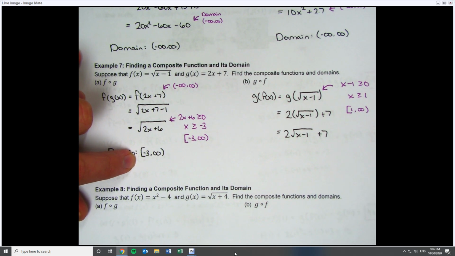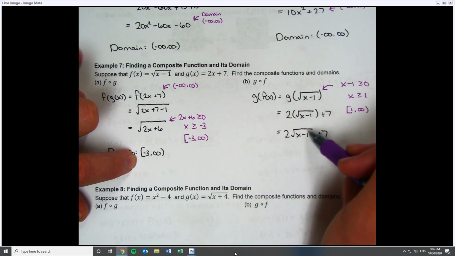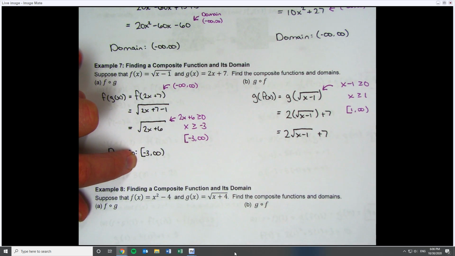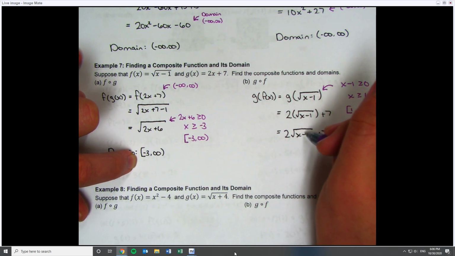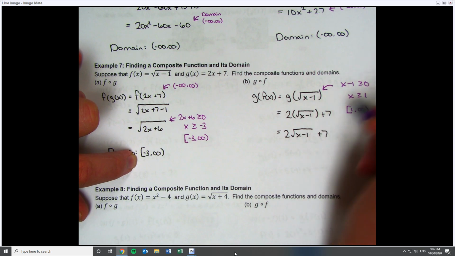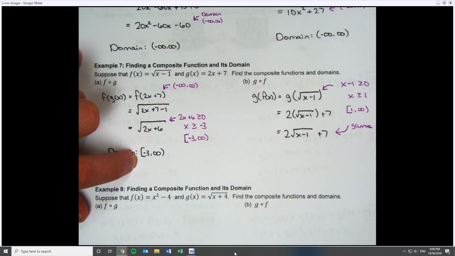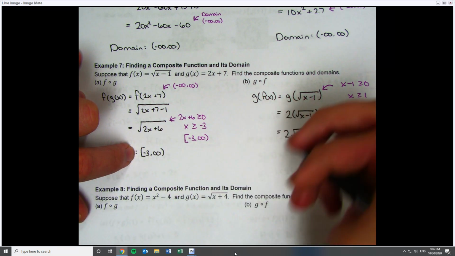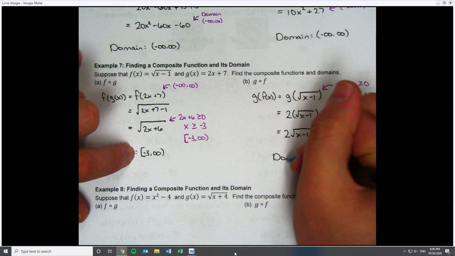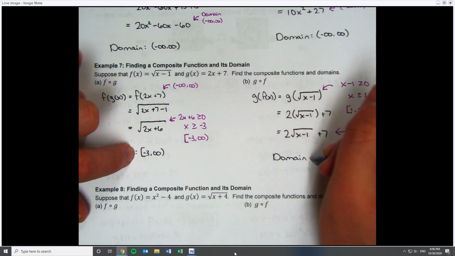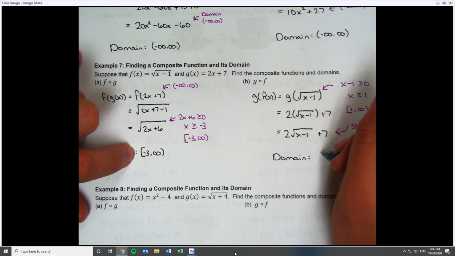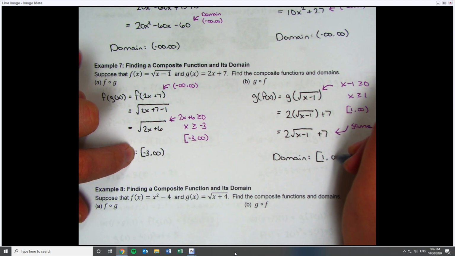The 2 and the 7 aren't going to affect me. So doing the square root is x minus 1. Same right here. So they are the same. So my domain on this one is 1 to infinity.